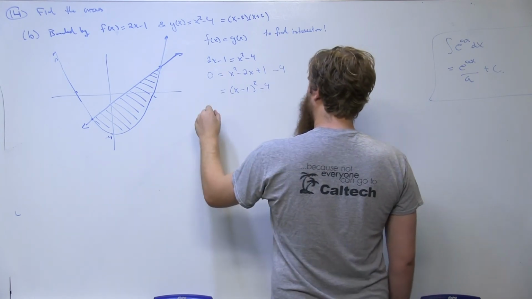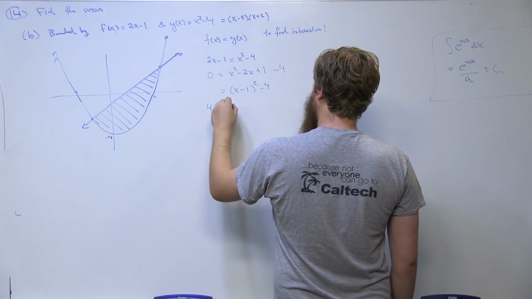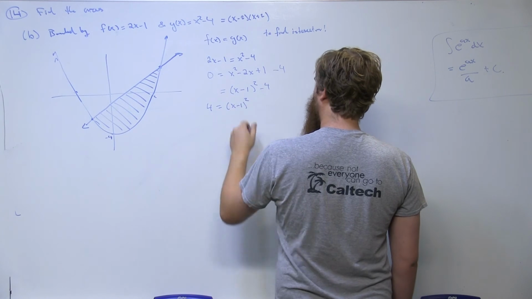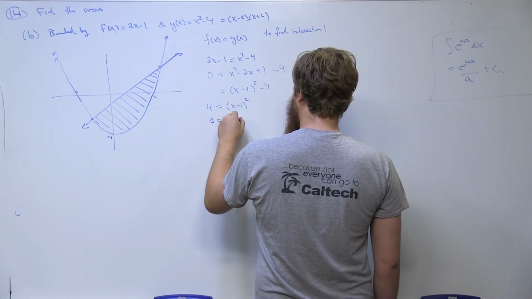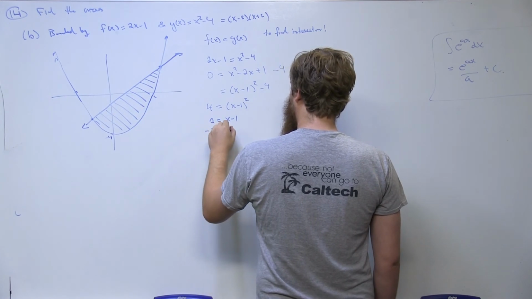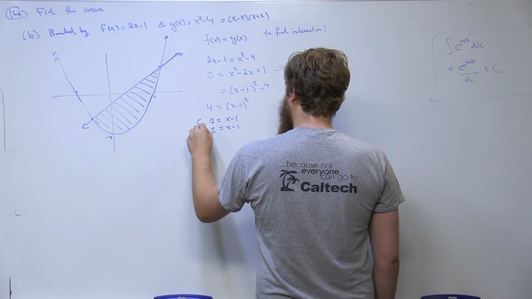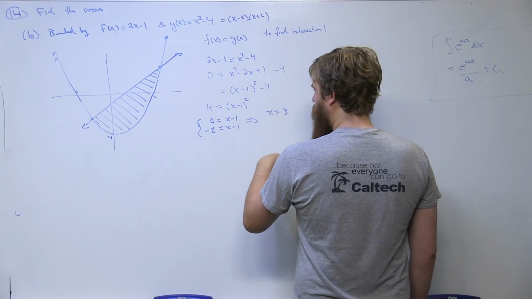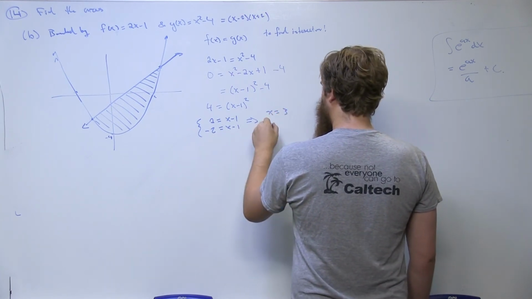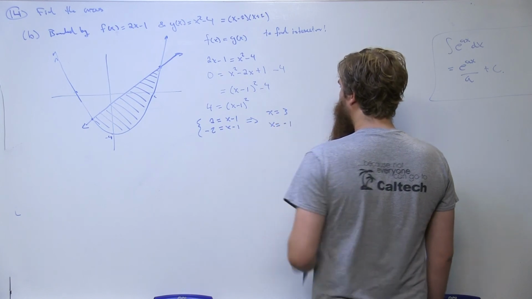So if that's equal to 0, then 4 is equal to x minus 1 squared, which will have the two solutions that come from 2 equals x minus 1 and negative 2 equals x minus 1. Therefore, x is equal to 3, and the other solution is x equals negative 1.